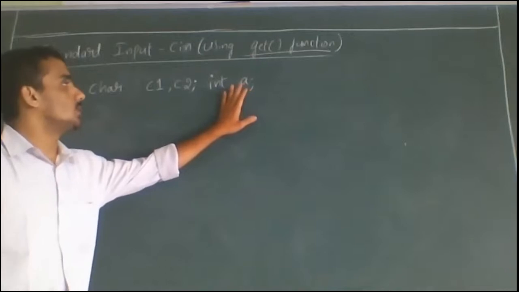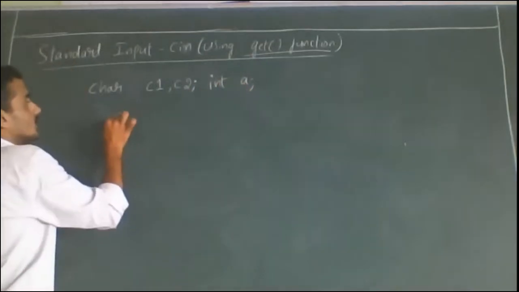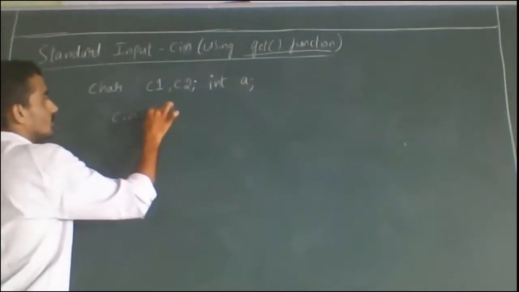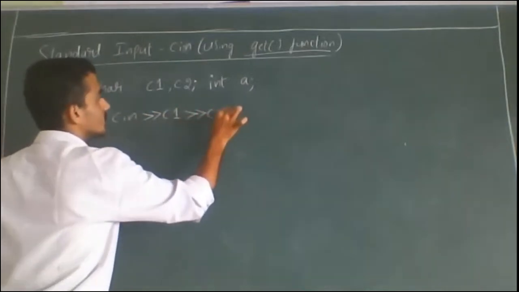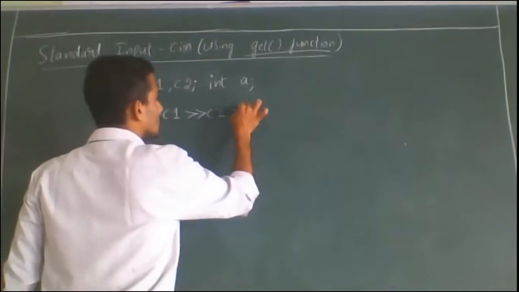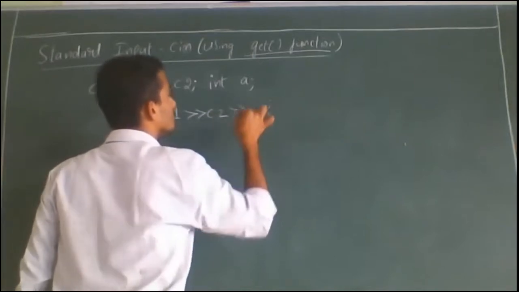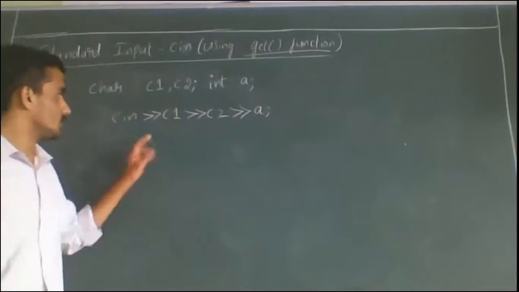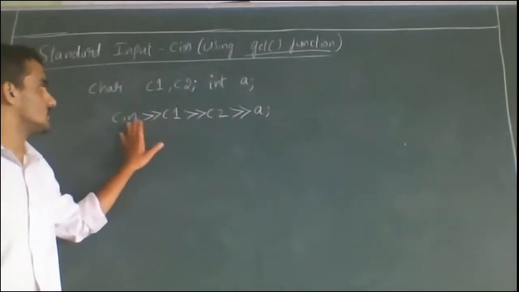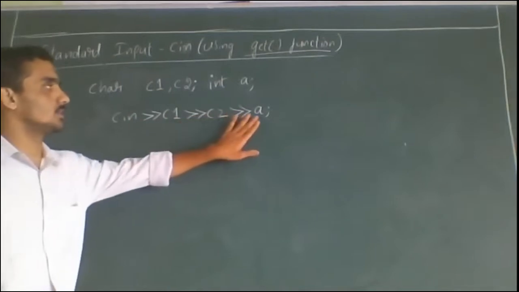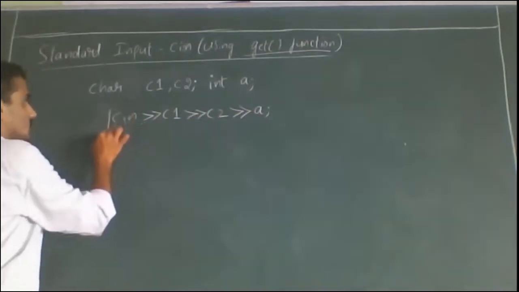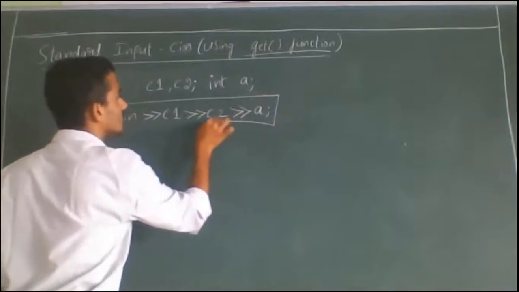Now let us consider the statement cin, extraction operator, C1, extraction operator, C2, again one more extraction operator, variable A. So cin, console input, extraction operator C1, extraction operator C2, extraction operator A. We can consider this as the input statement in a program.